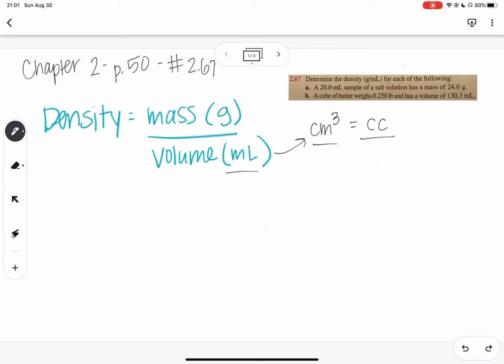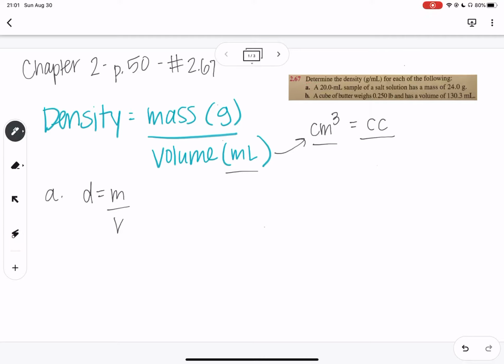All right, so let's go ahead and start with problem A. It says a 20 milliliter sample of a salt solution has a mass of 24 grams. So we know that density equals mass over volume, and we are being asked to determine the density.